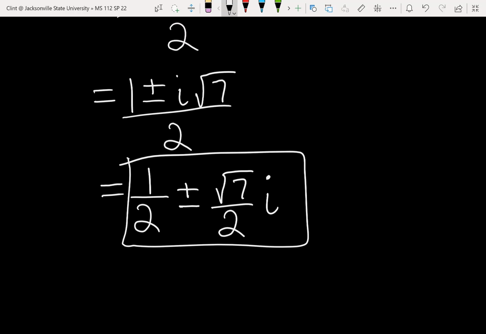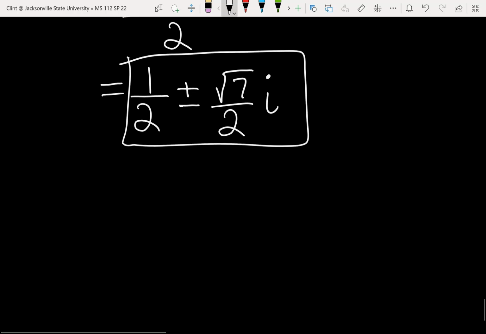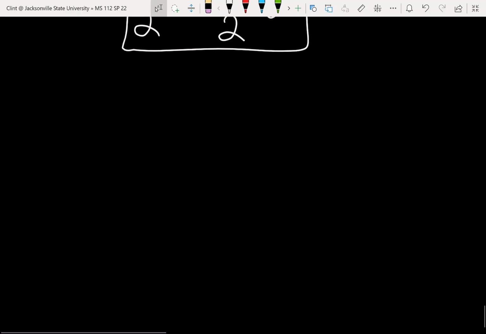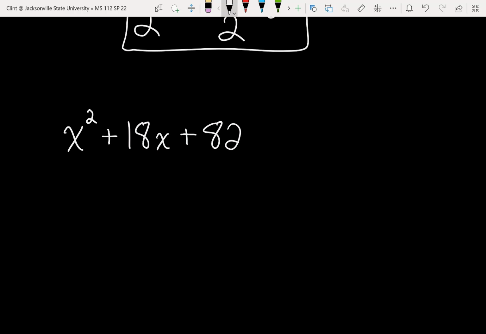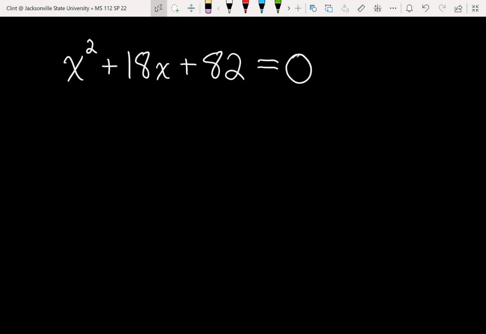Another one. Do this one. Numbers are a little bigger on this one, but we can work our way through. And so again, a is 1.